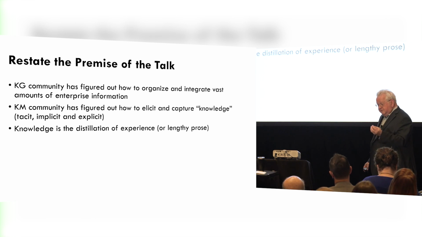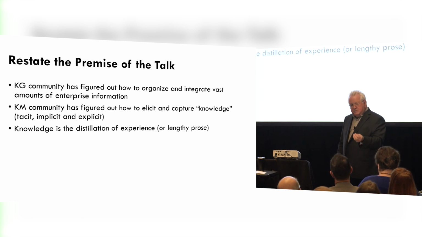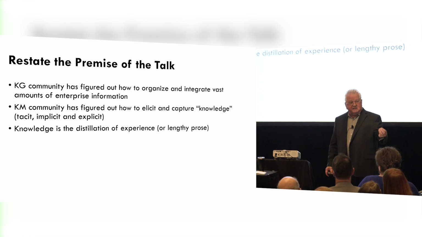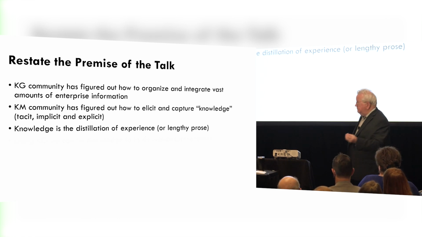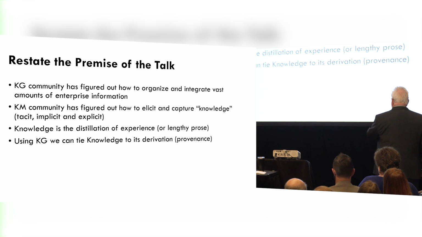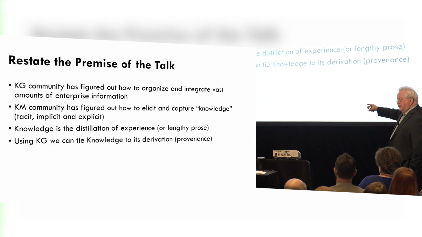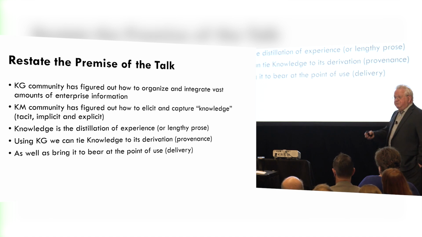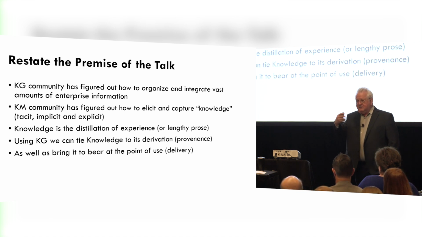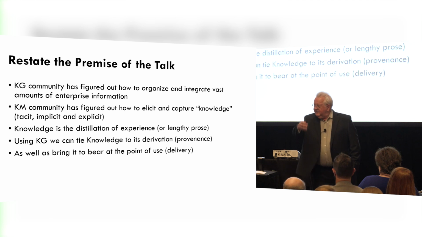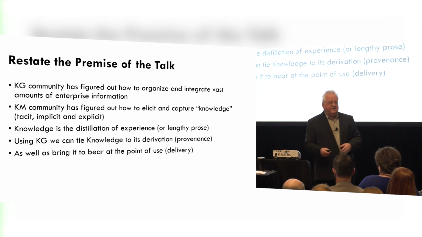And I'm going to suggest that most really useful knowledge is the distillation of experience. So as we saw, if you use a knowledge graph, you can tie knowledge to its source, that's provenance, and you can bring it to bear at the point of use. That little example with the call center and the system: oh, you had this transaction, it's this, here's my knowledge.